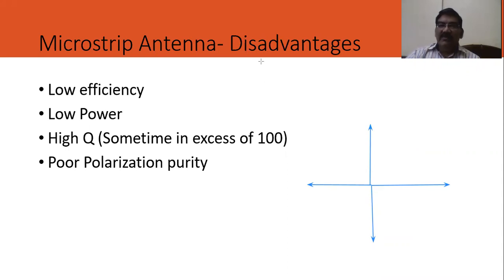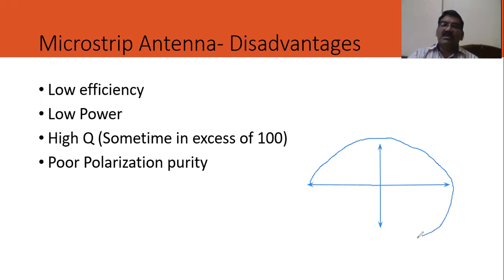But if on one side it is not exactly equal, if it is less, suppose this way and this way, then it creates an ellipse, not a complete circle.